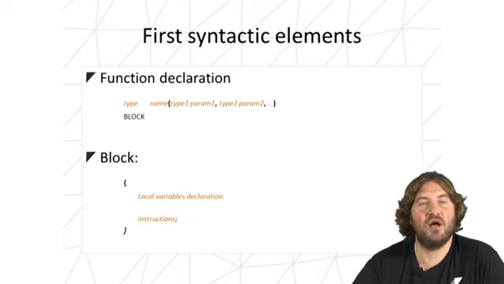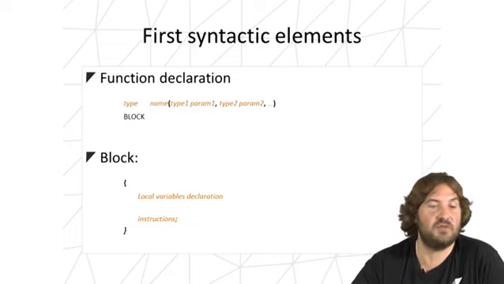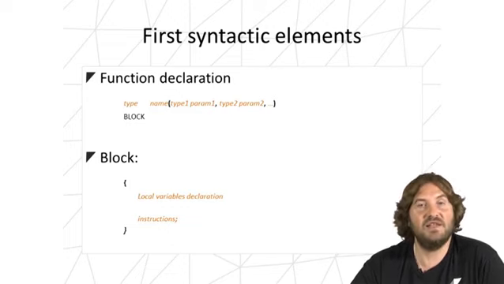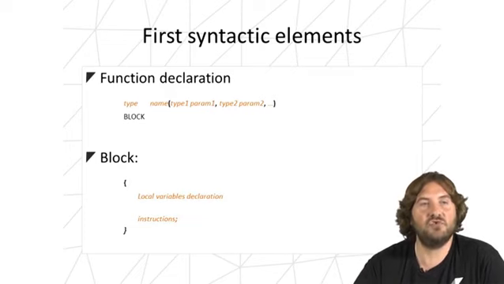And then the list of parameters, which are every time the type of the first parameter, the name of the first parameter, the type of the second parameter, the name of the second parameter, etc. There can be as many parameters as we want. There can also be none at all. If there's no parameter, we simply write opening brackets, closing brackets. That is what defines what the function is and what it takes for parameters.